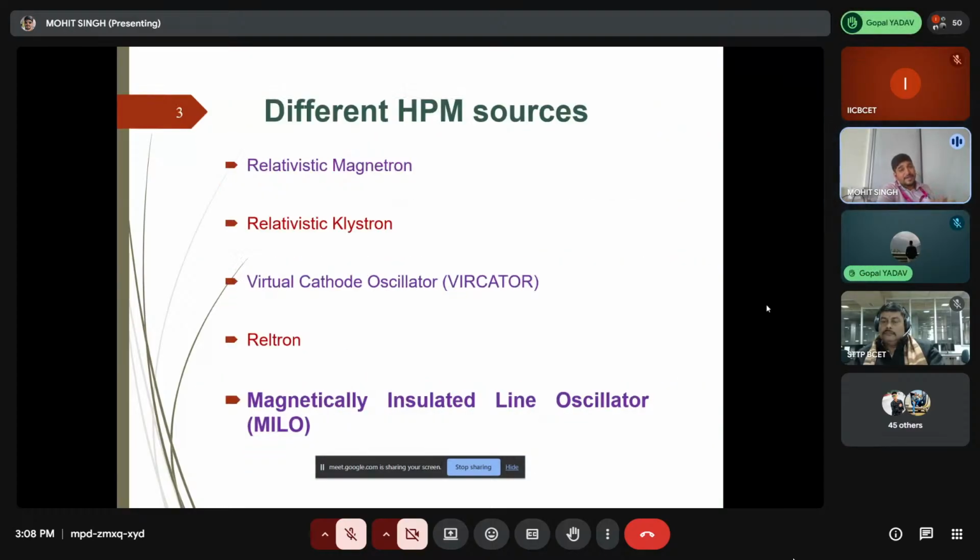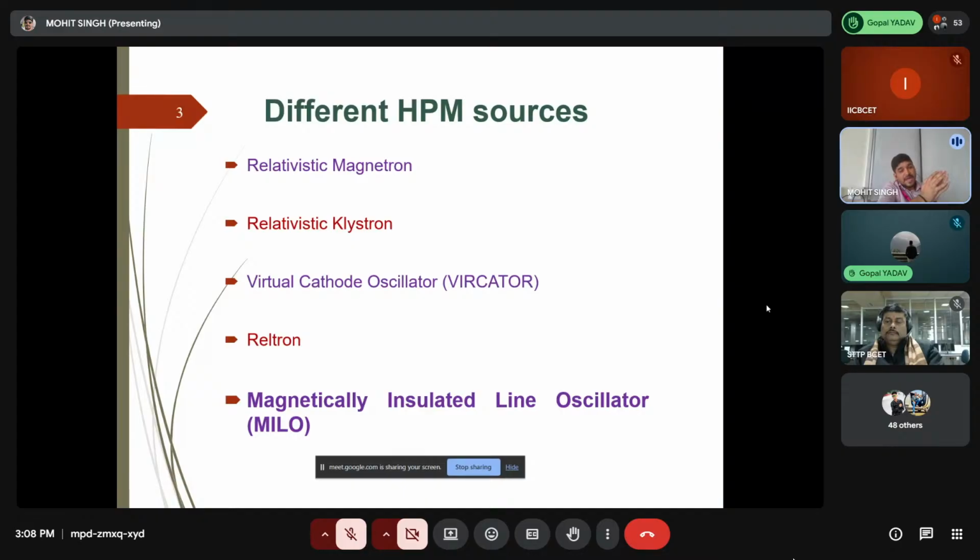Now, there are different HPM sources. Basically, these are the relativistic magnetron, relativistic klystron, virtual cathode oscillator, which we call Vircator, relatron, and magnetically insulated line oscillator. My research work is mainly on the magnetically insulated line oscillator, because it has some beautiful features which are very helpful in many ways.